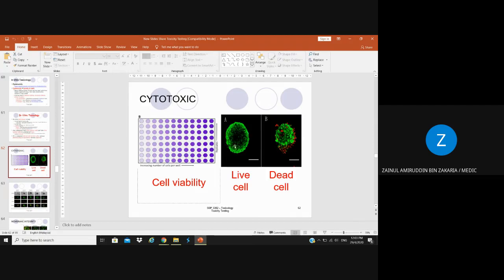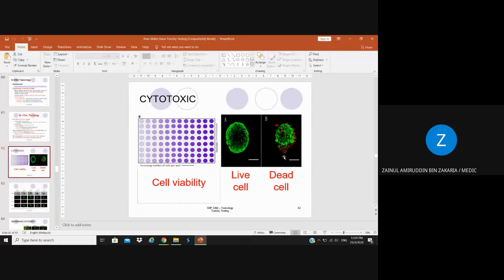So this is an example, no? Is the normal live cell, if it is a cancer cell or normal cell, then after you give your substance, you do the cell viability test using 96 well plates, then you take a picture, okay, you stain the cell with a certain staining agent, then you can see there is damage or changes to the structure of the cell.